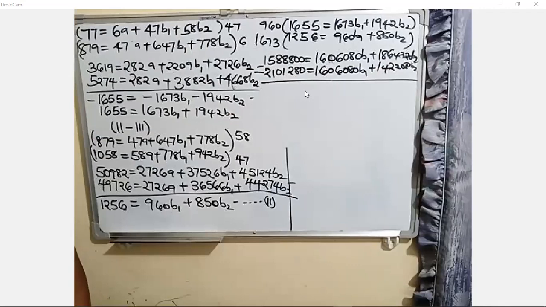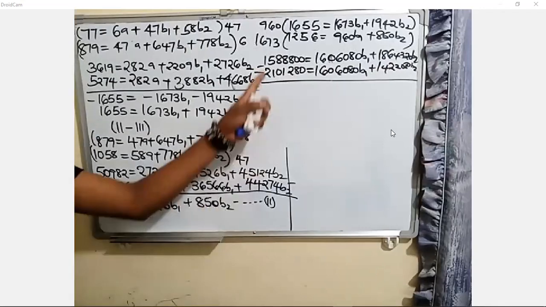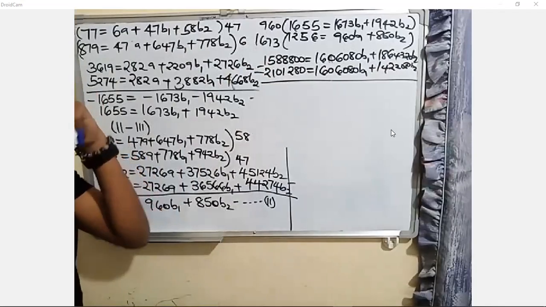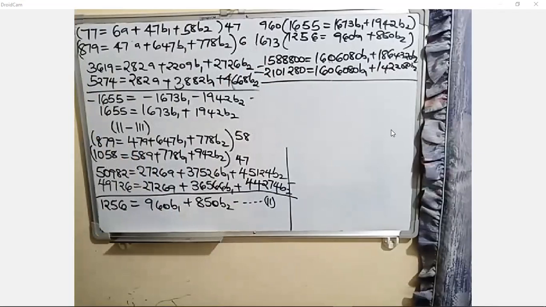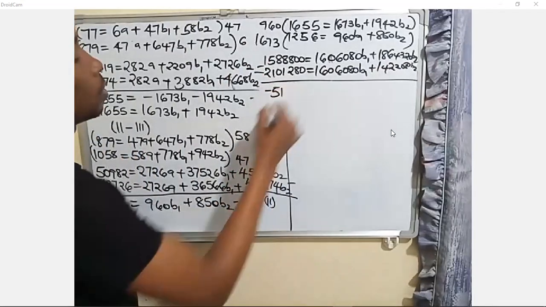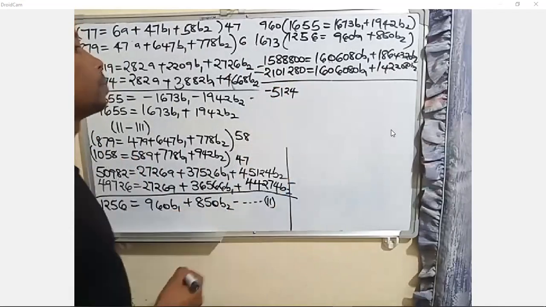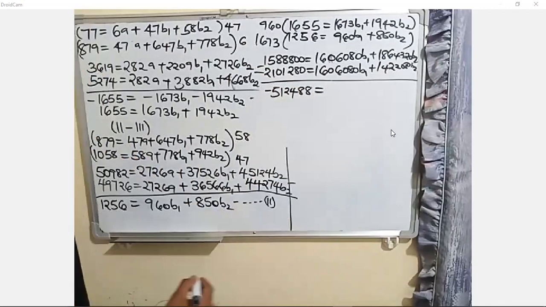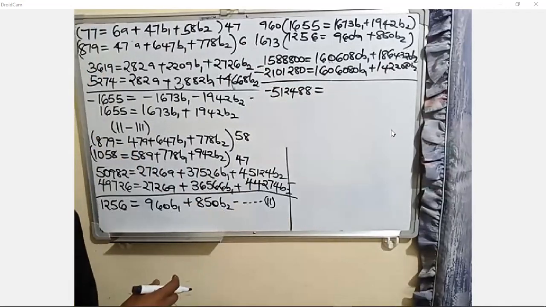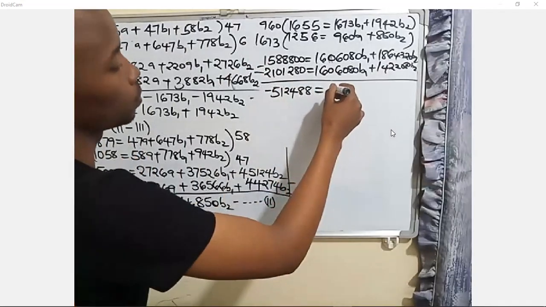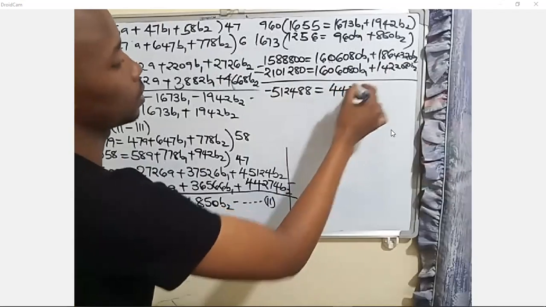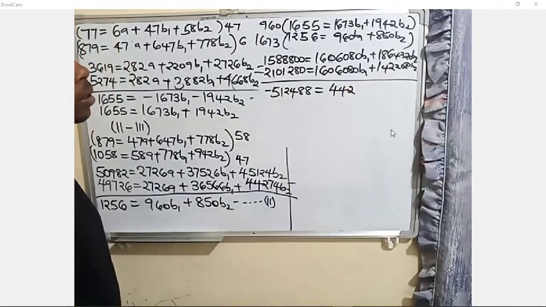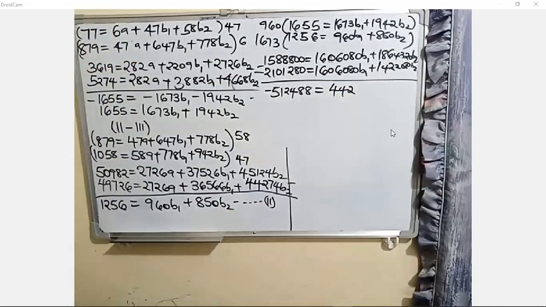The first one is negative 512488. 488 is equal to what? 442270. It is negative 512480, not 488.